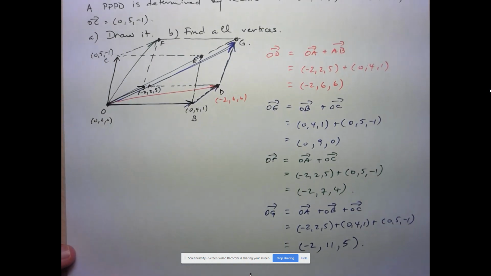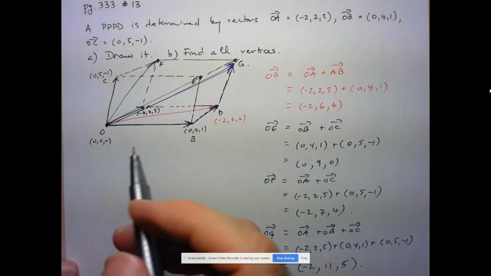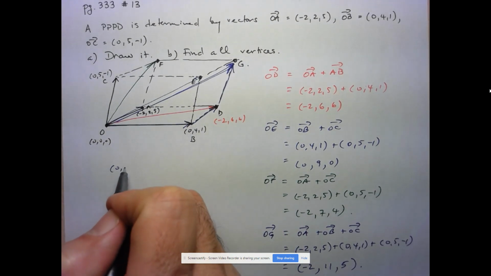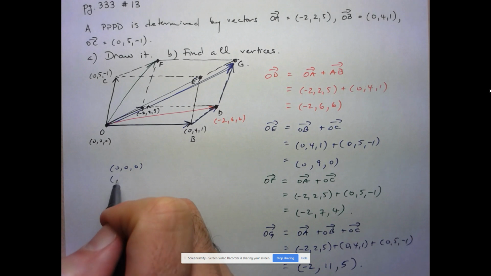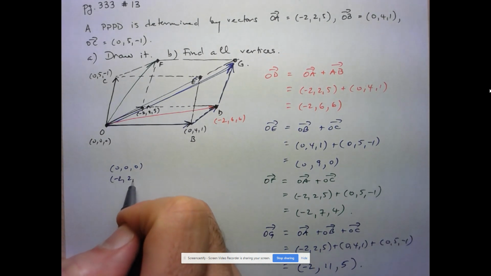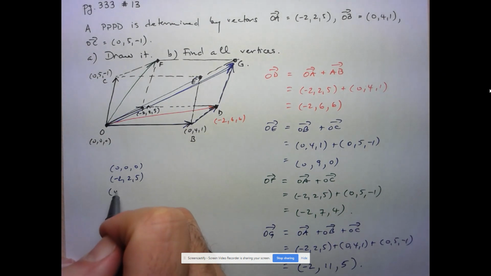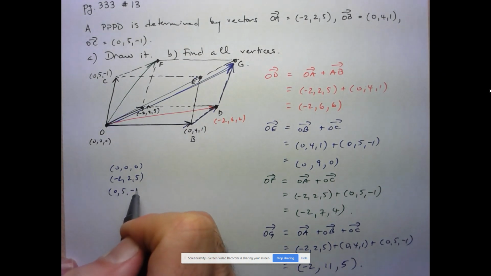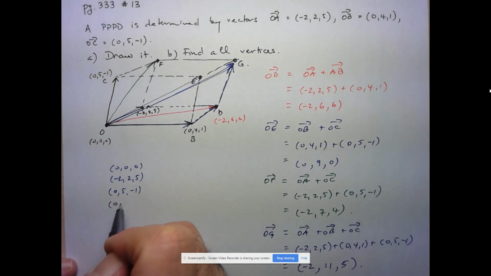So what are the missing points? We had the original vertices, which were 0, 0, 0, negative 2, 2, 5, 0, 5, negative 1, and 0, 4, 1.